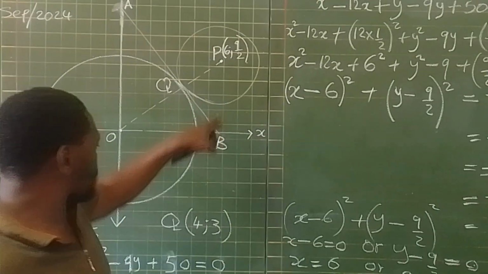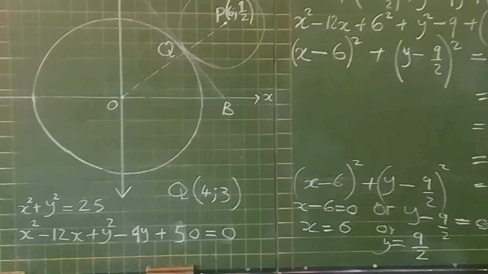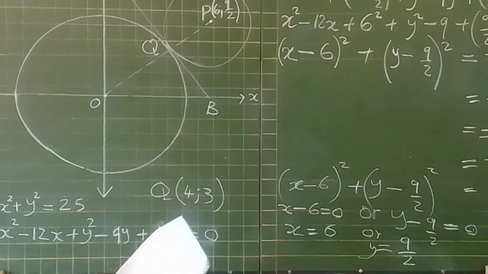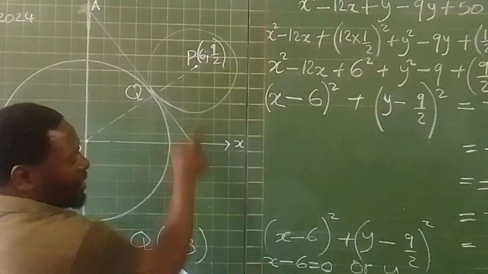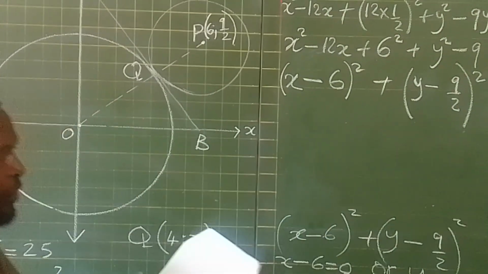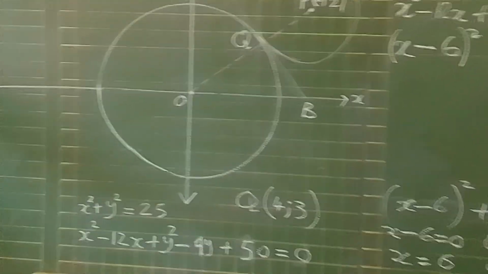So you have shown that the coordinates of P are (6; 4.5). You have your 3 marks.